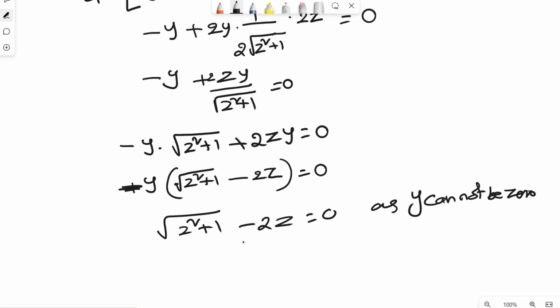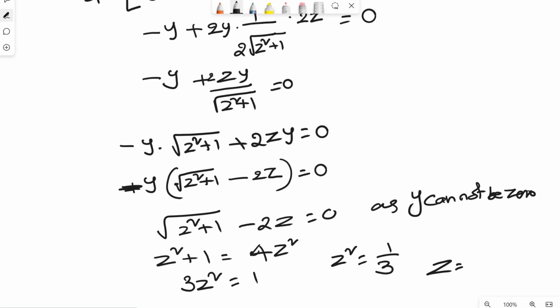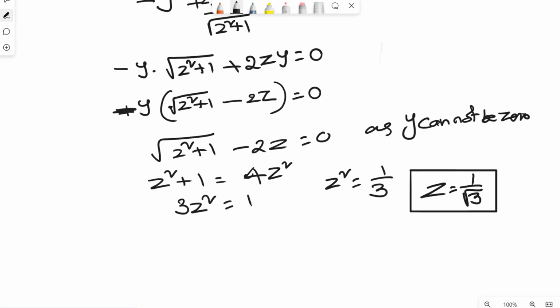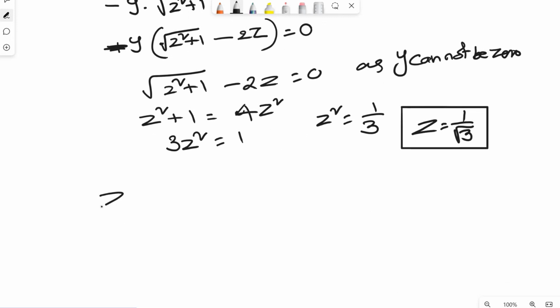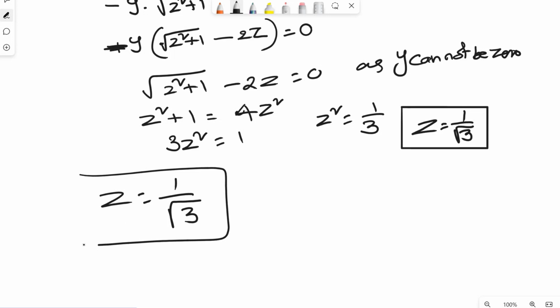Therefore, if you square both sides, z square plus 1 is equal to 4z square, or 3z square is equal to 1, or z square is equal to 1 by 3, or z is equal to 1 by root 3. This is what we want. Z is equal to 1 by root 3. This is the best side slope.